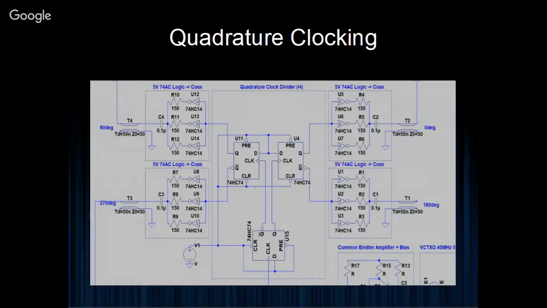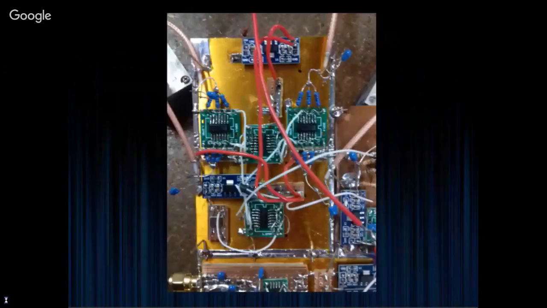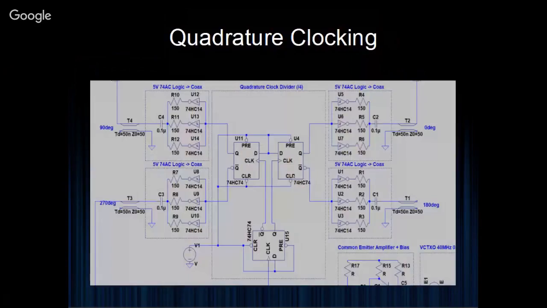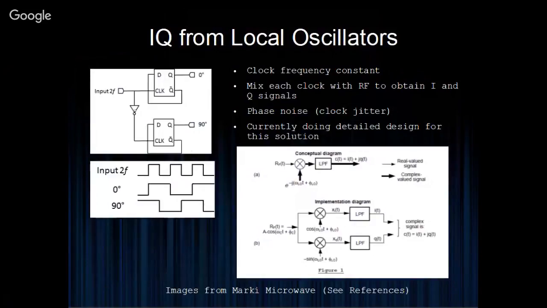In this one here, you see the use of an inverter, and that's not absolutely necessary because quite often D flip-flops have a differential output, where you've got the complement of the status of the D flip-flop. So you don't need to use an inverter, which minimizes the propagation delay and the skew of those clocks out of ideal 90-degree phase.